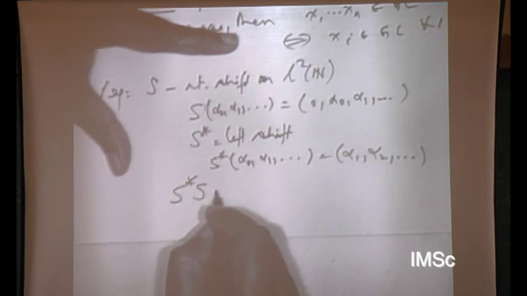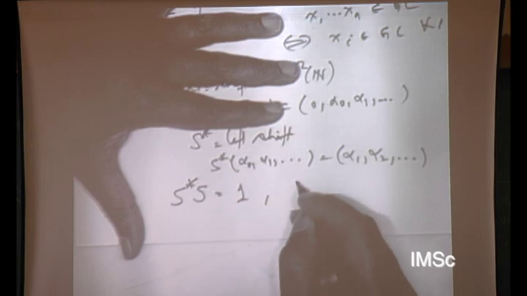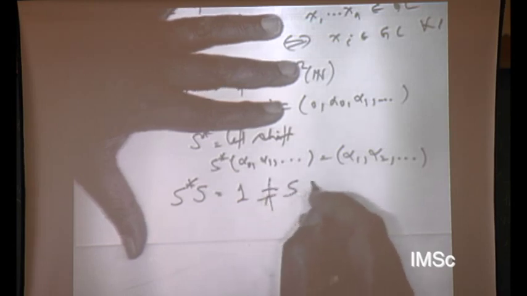So one can see that in fact S star S is the identity operator. You always write 1 for the identity operator. So S star S means you first shift to the right, then shift to the left, and it's like you haven't done anything. But if you first shift to the left and then shift to the right, then you will find that S S star is not equal to 1.